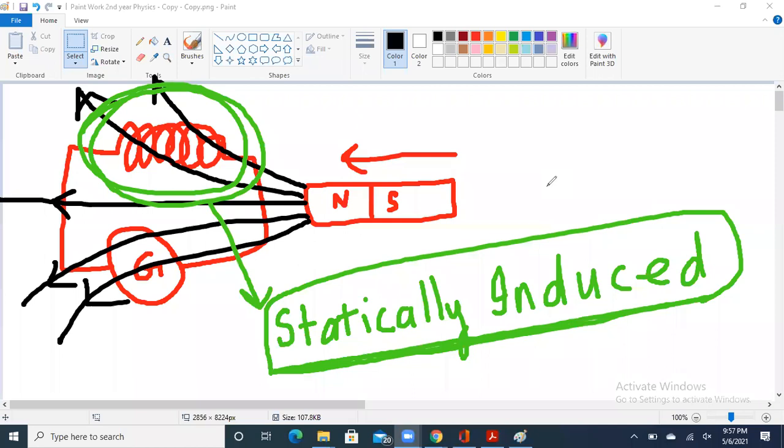Okay, may I ask something from you? Can you differentiate between statically induced EMF and dynamically induced EMF? Please, can you tell me, please? Usman Khalid.